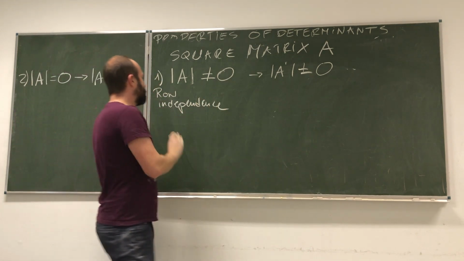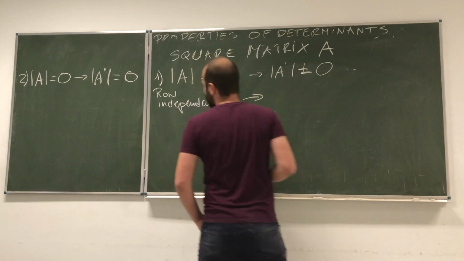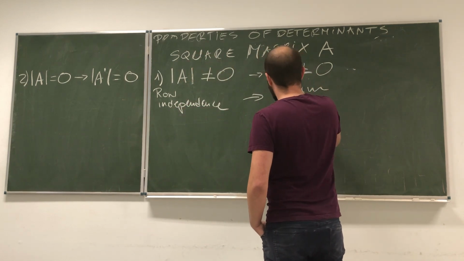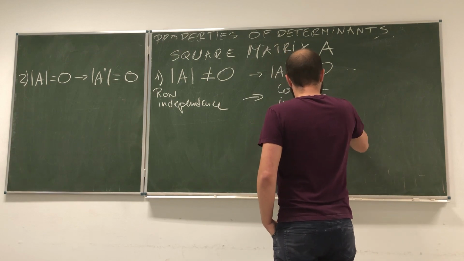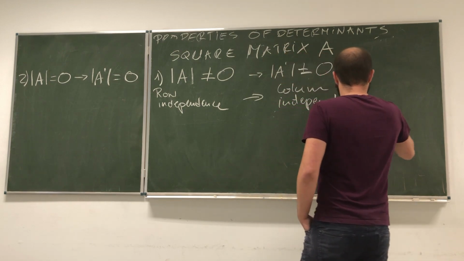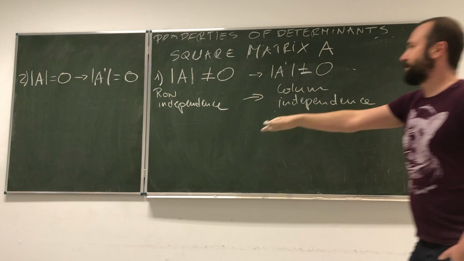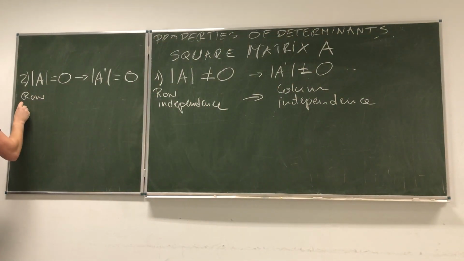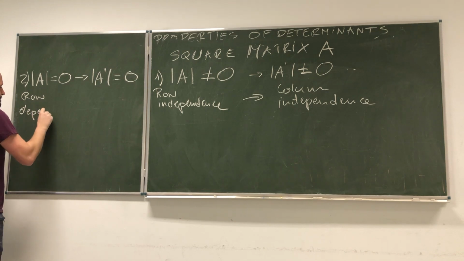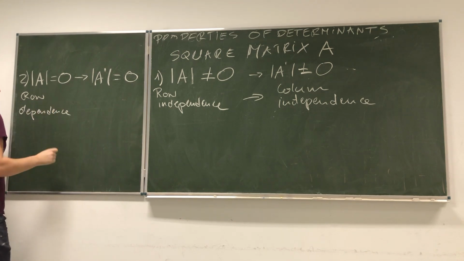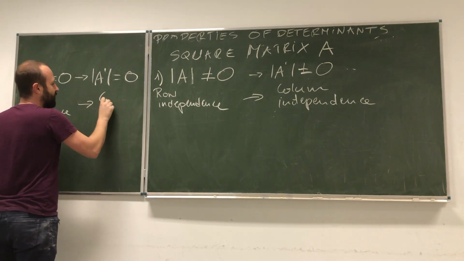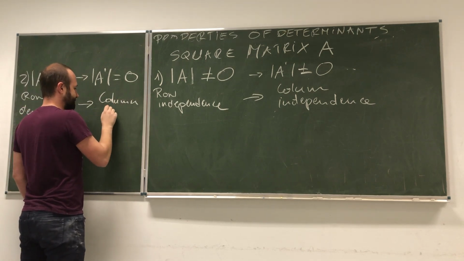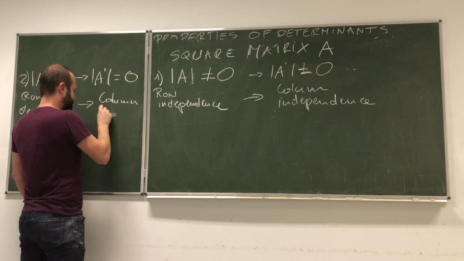And we see that this row independence is actually implying column independence. Okay, and here's the opposite. If we have row dependence, this implies column dependence.